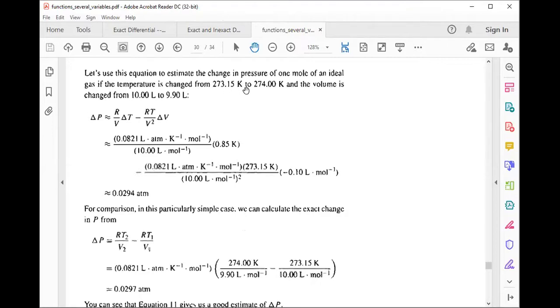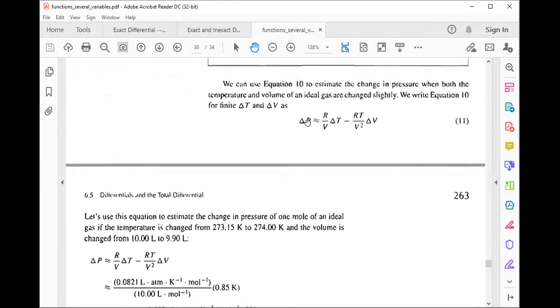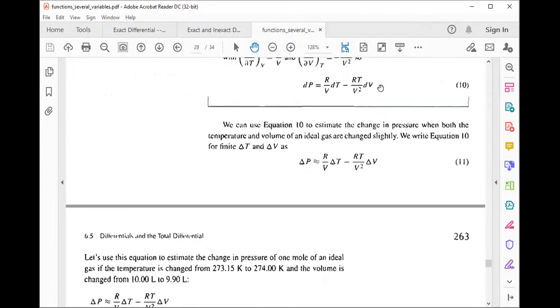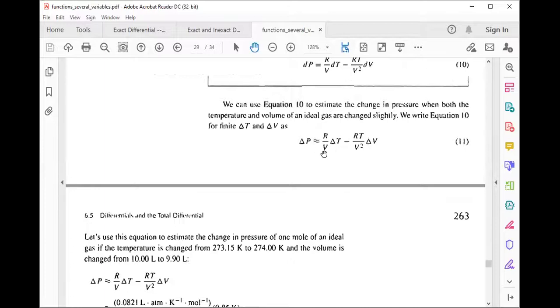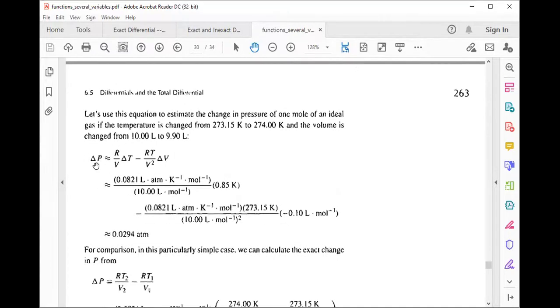So the temperature change is slight, and the volume change is small. What is the change in pressure? We can calculate it by using this equation, which is an approximation of the equation we have just obtained. In this approximation, we can calculate the change in pressure when temperature changes by this amount and volume changes by this amount.